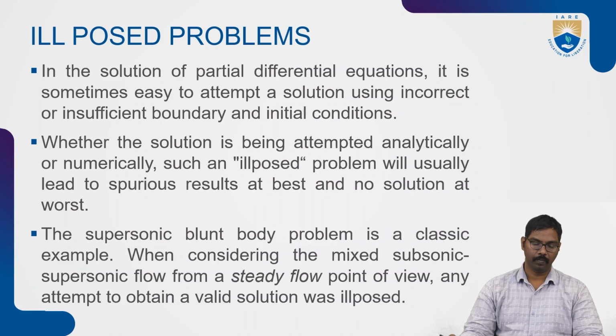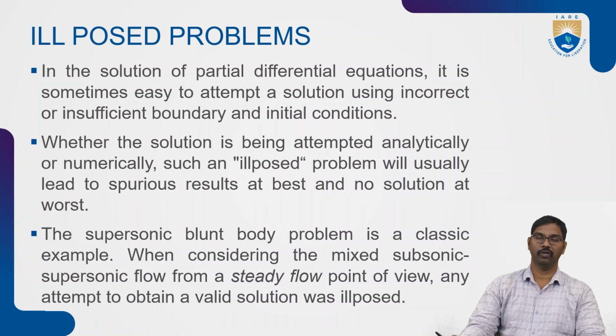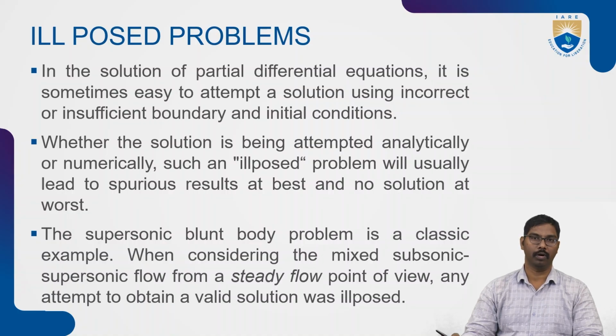As a simple example, we can consider the supersonic blunt body problem when considering subsonic and supersonic flow from a steady flow point of view. Any attempt made to obtain the solution will lead to an ill-posed problem. As we know, the supersonic problem is considered to have hyperbolic behavior, where we need to define the initial conditions or boundary conditions to obtain the solutions.